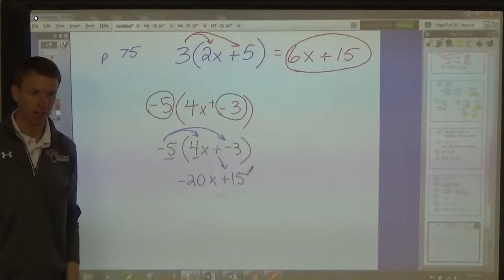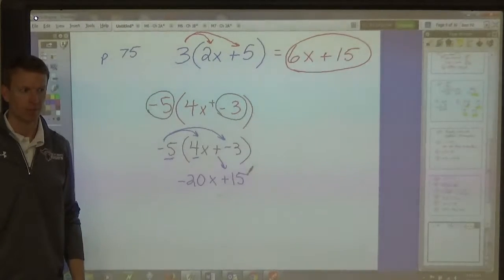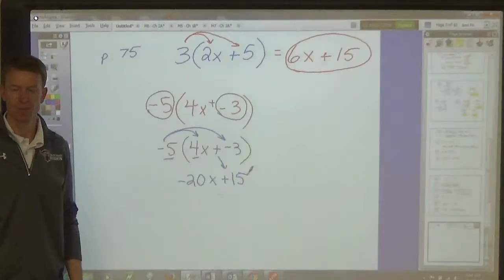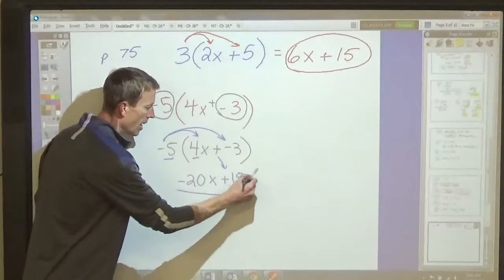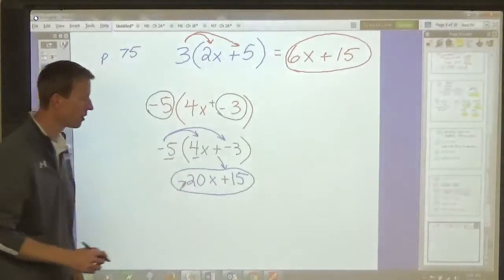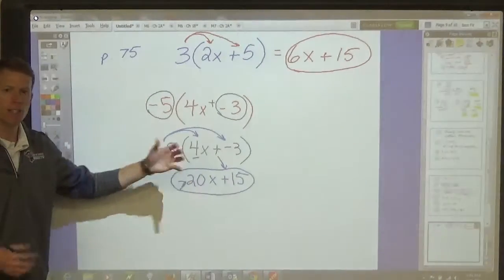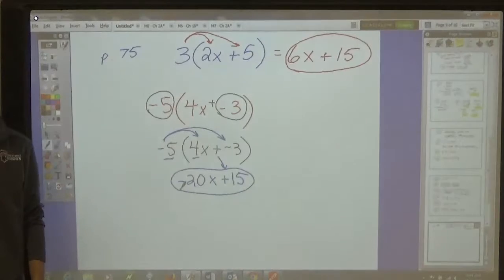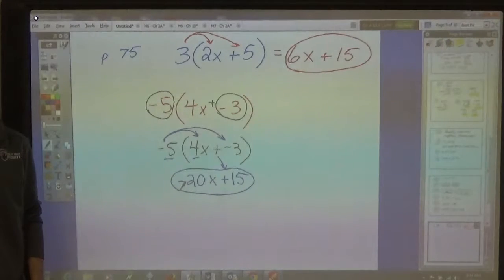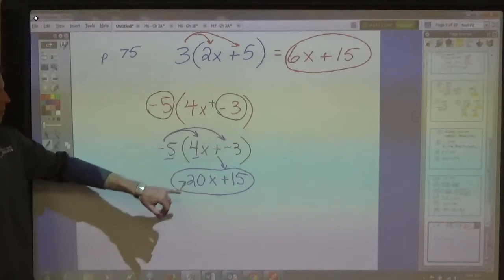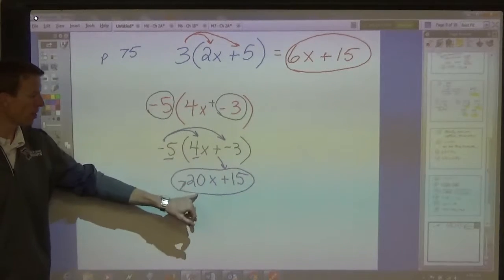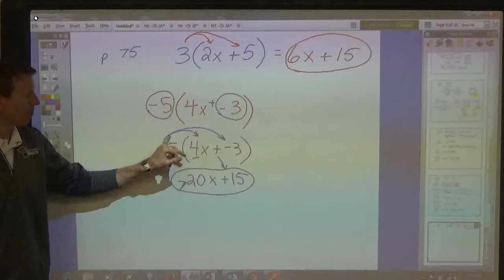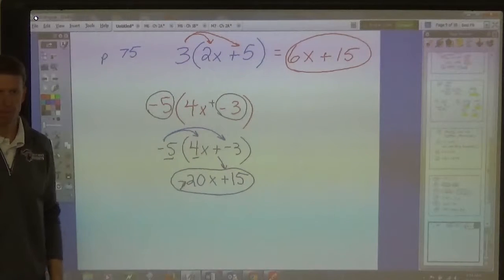Okay? So this is the answer. -20x plus 15 is simplified. Okay? So when you're doing your assignment, you'll be using this form, and changing it to a simplified form by multiplying it over the parentheses.